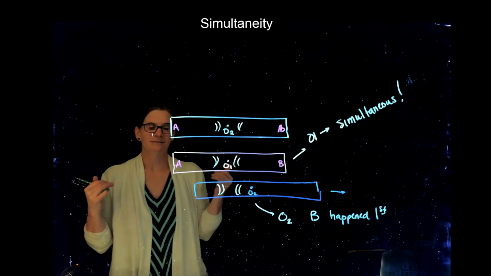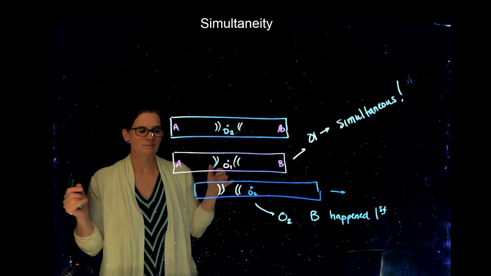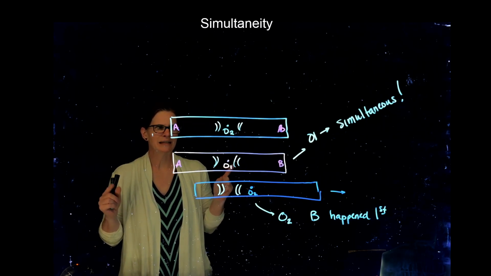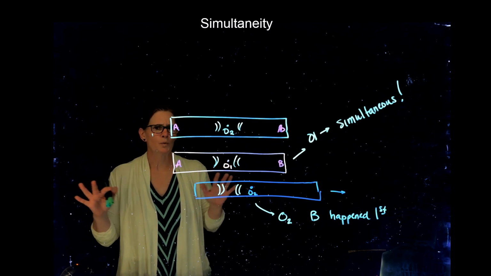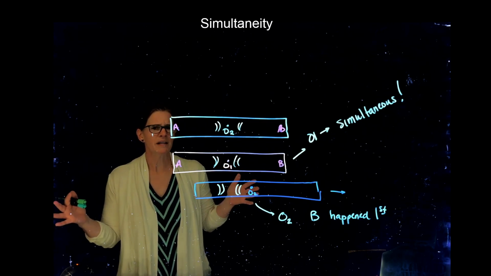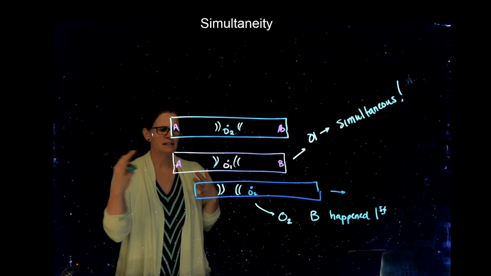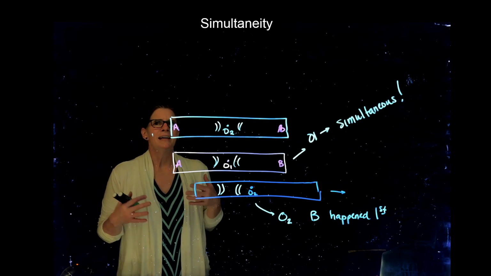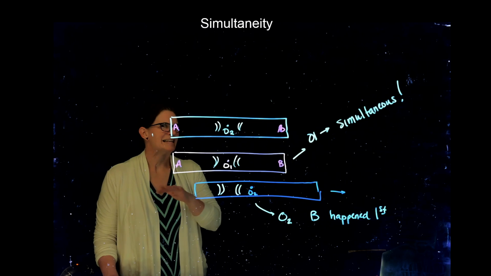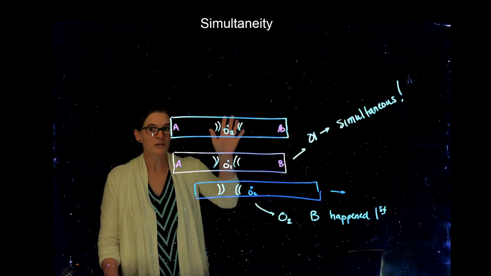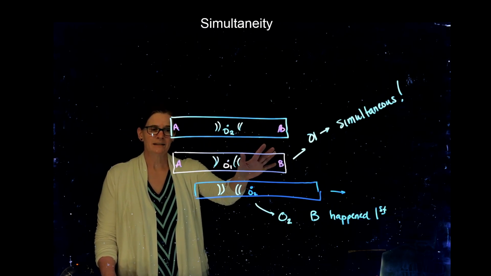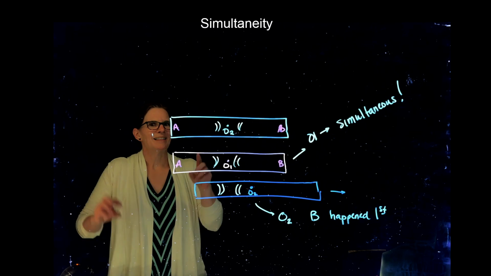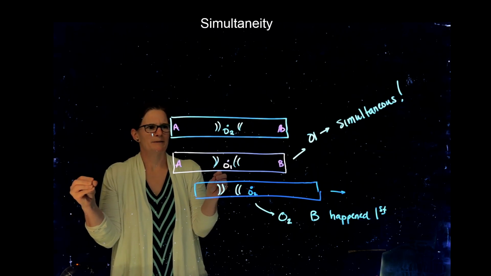A and B, observer 1 is going to say they happened at the same time. Observer 2 is going to say B happened first. So they're not simultaneous to observer 2, and they are simultaneous to observer 1. So simultaneity is not absolute. Both of them are correct. And if simultaneity is not absolute, then time can't be absolute.